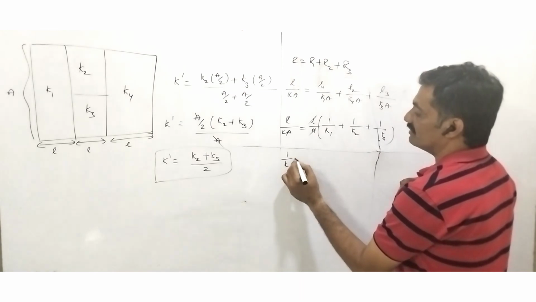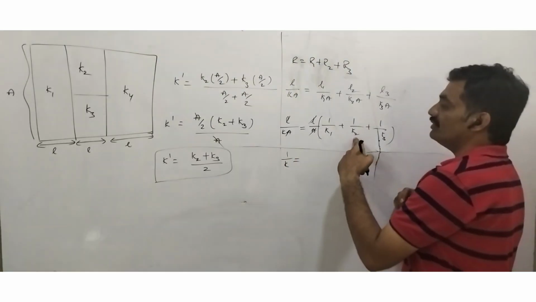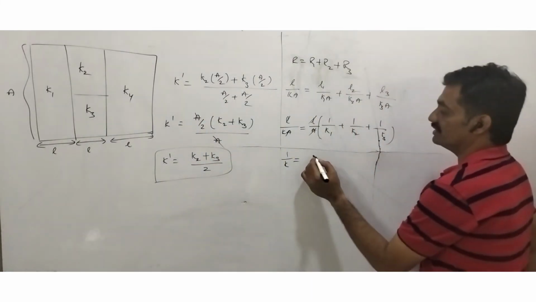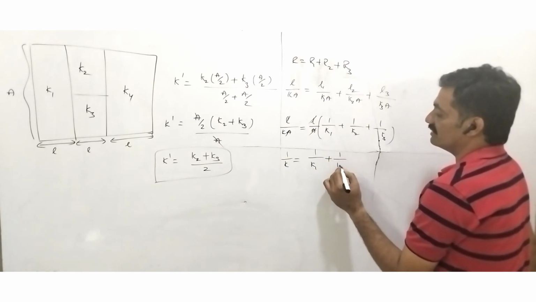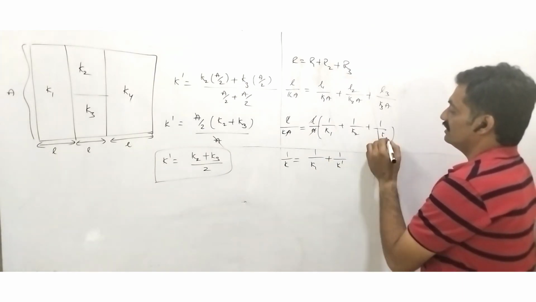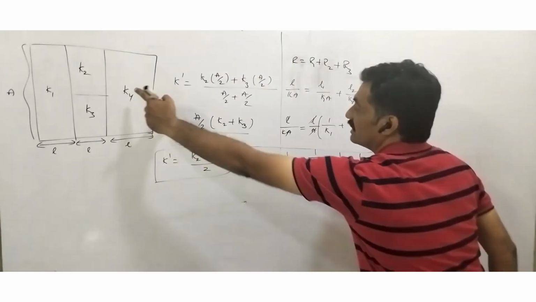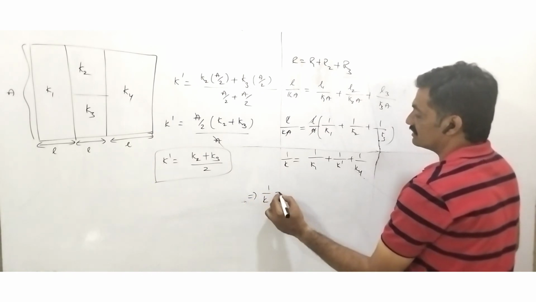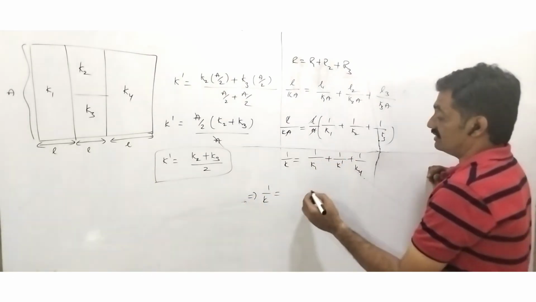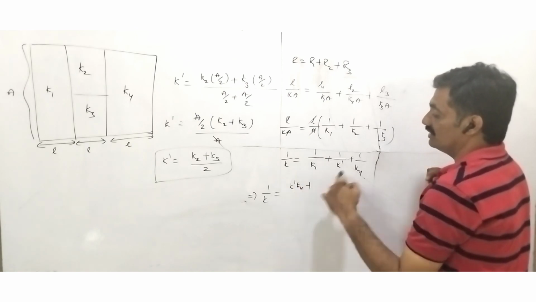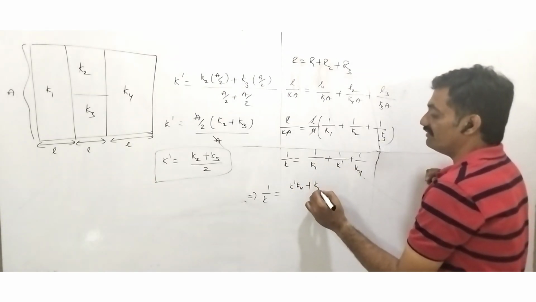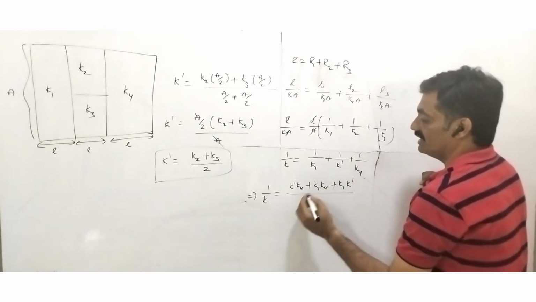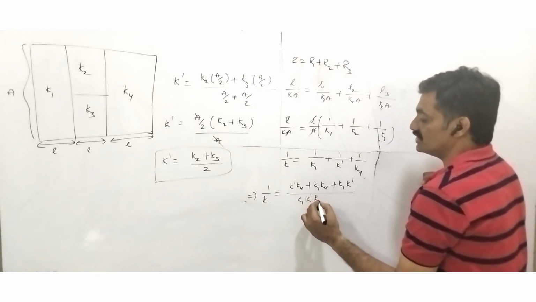So we get 1 by K equals 1 by K1 plus 1 by K dash, since the combination of these two thermal conductivities is K dash, and the third one is K4, so plus 1 by K4. When we take the LCM, we get 1 by K equals (K dash into K4 plus K1 into K4 plus K1 into K dash) by K1 into K dash into K4.